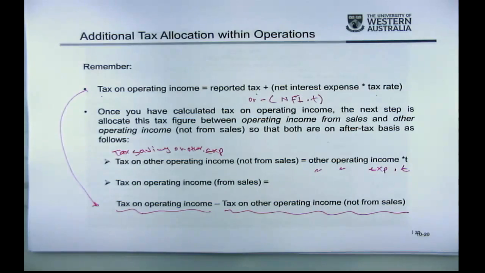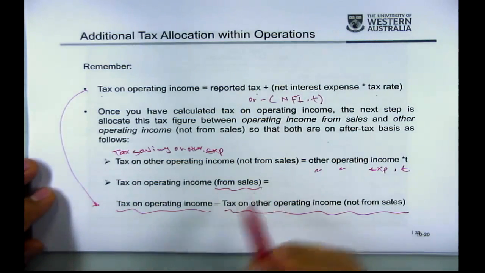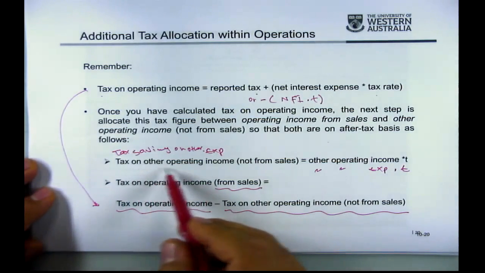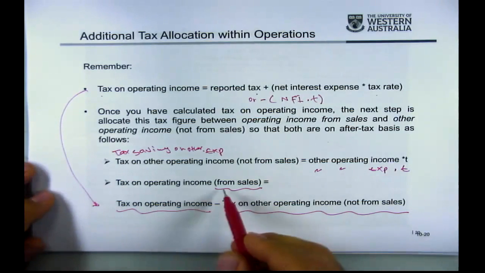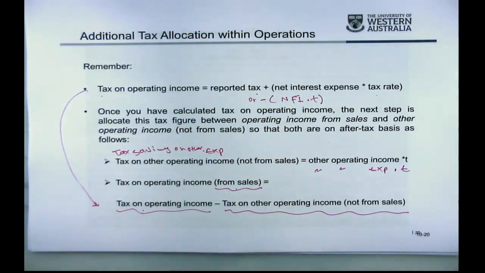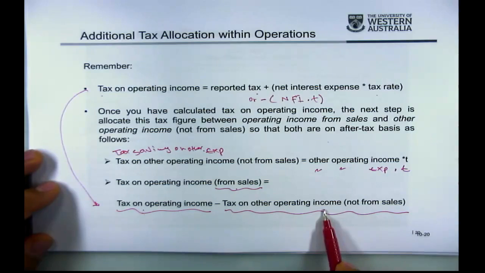Now we break it down into two components: tax on operating income from sales and tax on other operating items. Make sense? So tax on operating income from sales is equal to the tax on the full amount of operating income minus the tax on other operating income.